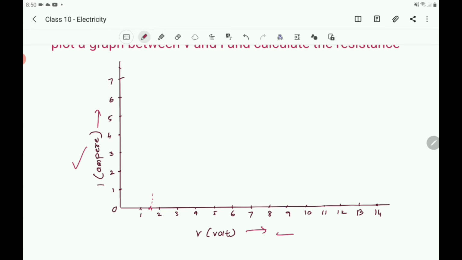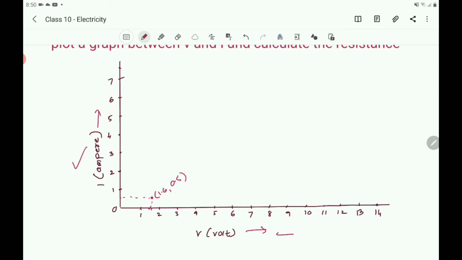So that is in between 0 and 1. The point may be here. So you will get the point 1.6 on the x-axis and 0.5. 1.6, 0.5. One point you got here.